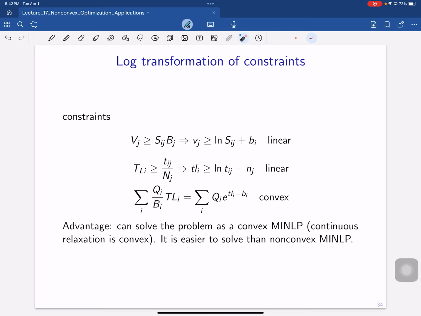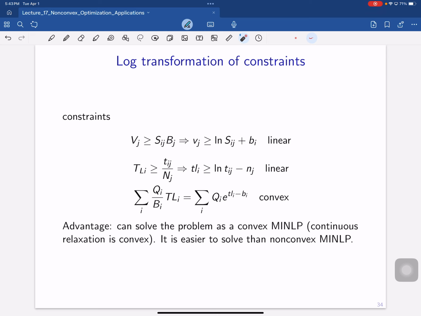If left-hand side is greater than the right-hand side, you take the log, it should still hold. So after you take the log, you replace the capital Vj with the smaller vj, right? So all the lowercase variables are the logarithm of the capital variables. Okay. So this constraint becomes linear once you take the log, right?